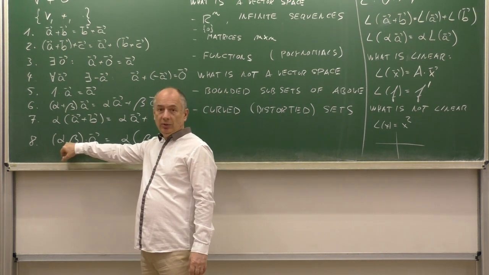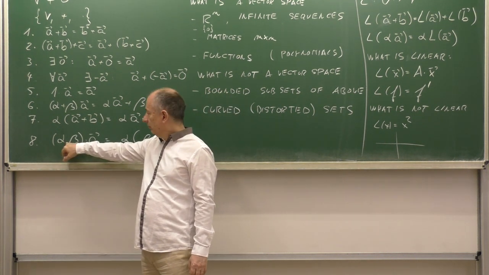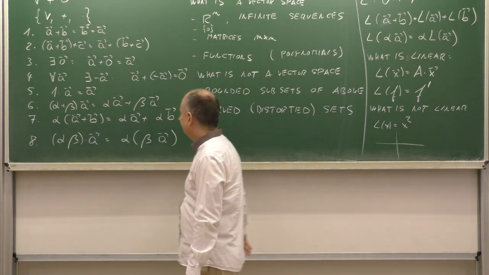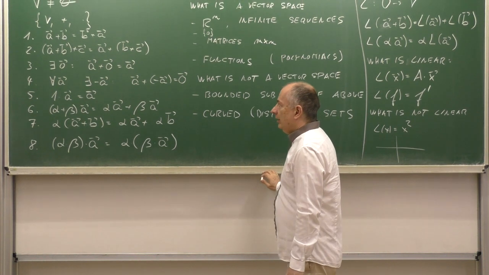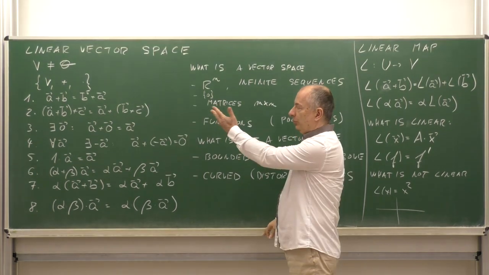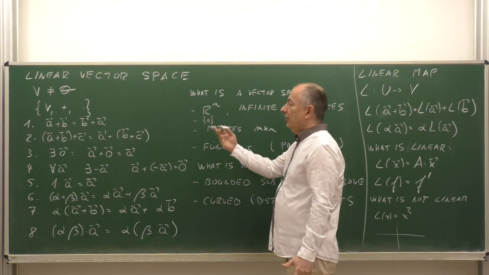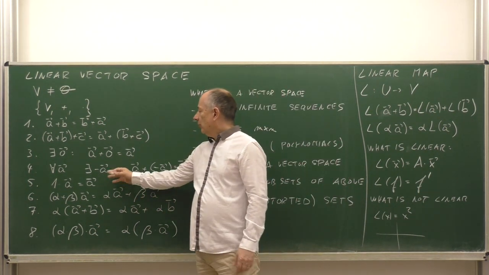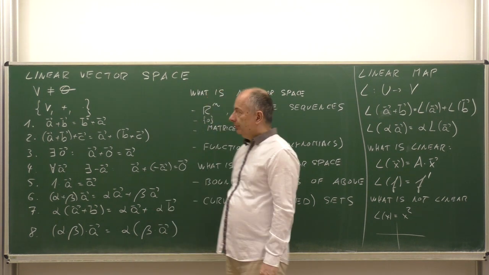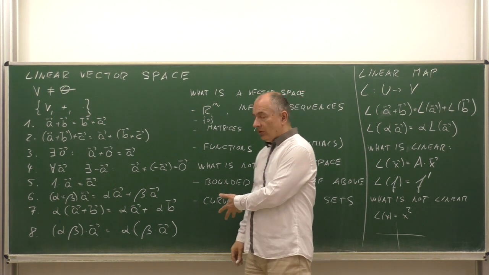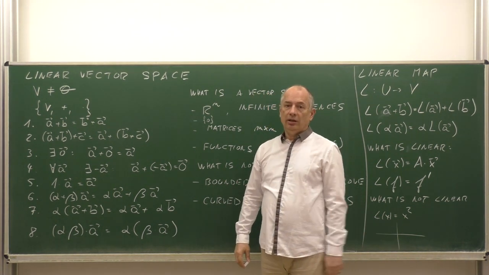This is multiplication between scalars, between numbers. And this is a multiplication between a scalar and a vector. Many sets with natural operations, addition and multiplication, do satisfy these conditions, also called axioms. So let me give you a few examples of what is and what is not a linear vector space.